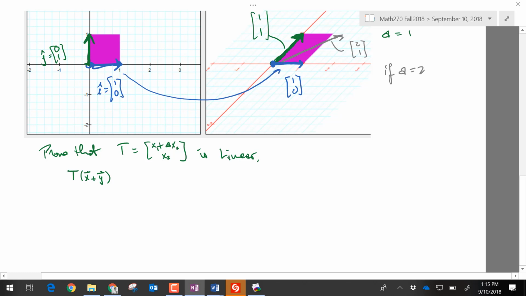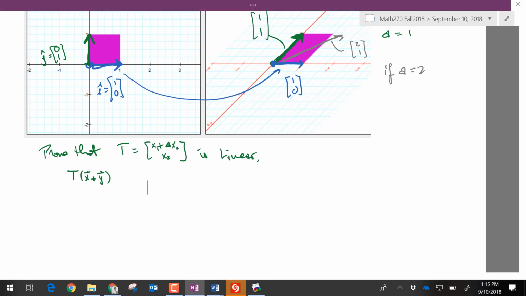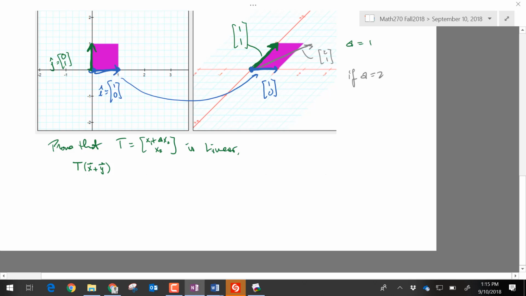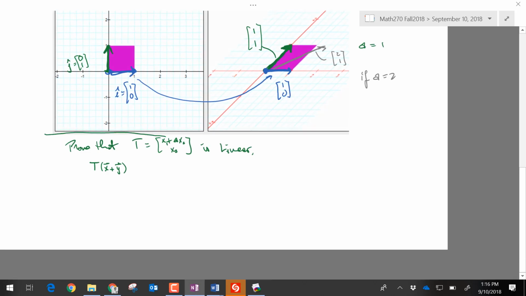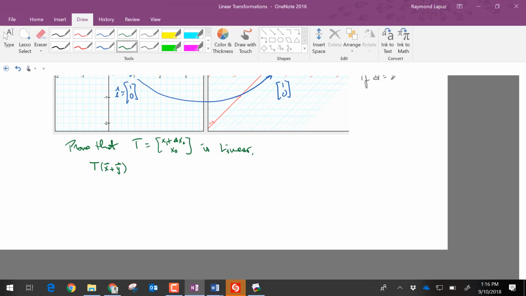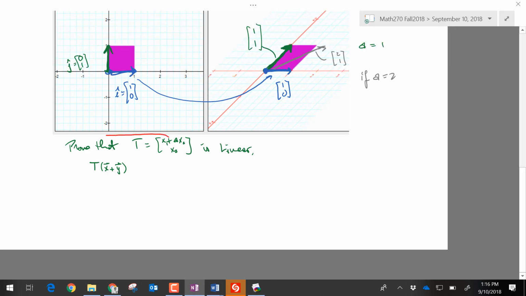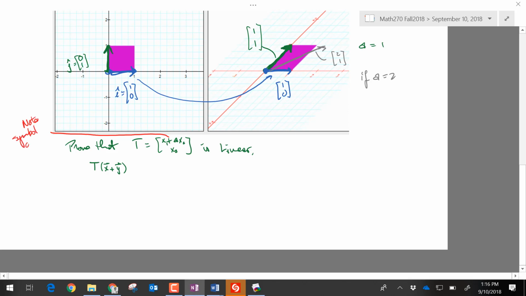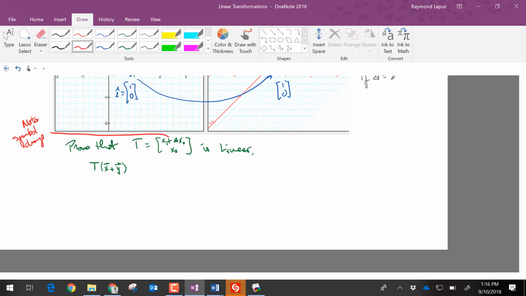So let's make a little note in our notes. Note our symbol change.